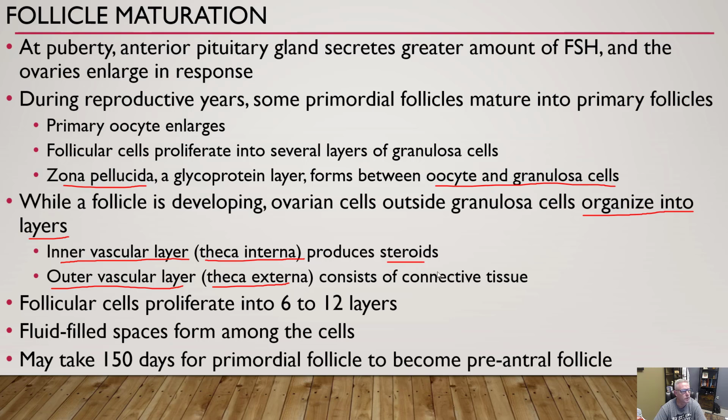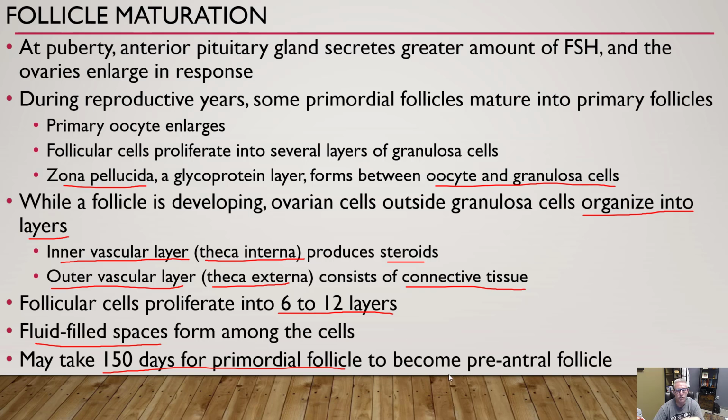This inner layer is going to produce steroids. That outer layer is going to produce connective tissue. And it's going to eventually proliferate into between 6 and 12 layers long. And between the cells, it's going to have a bunch of fluid. And it's going to take about 150 days for those primordial follicles to mature and develop.